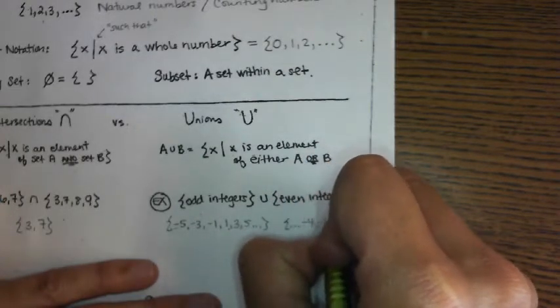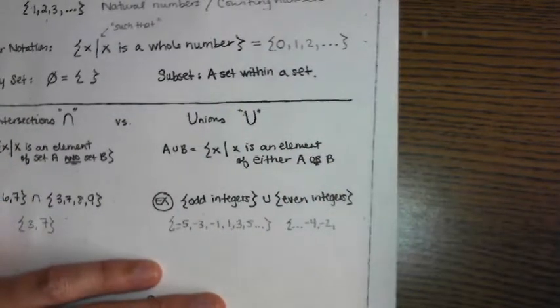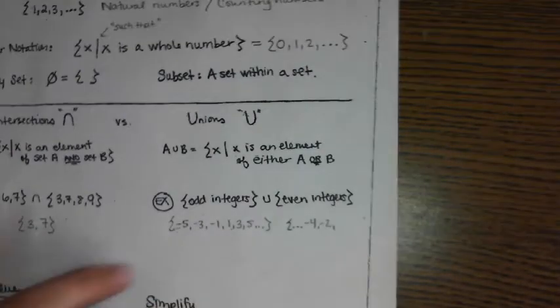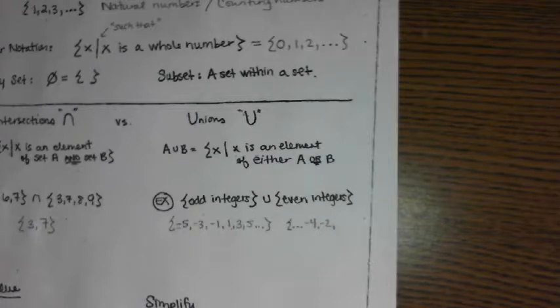-4, -2. Is 0 an even number? That's a good survey. If 1 means yes, 0 is even, and 2 means 0 is not even, it's kind of a special case. Hold up yes or no on the count of 3. 1, 2, 3. A mixture. 0 is an even number. Should have been a 1.